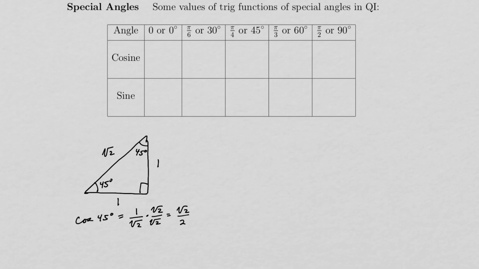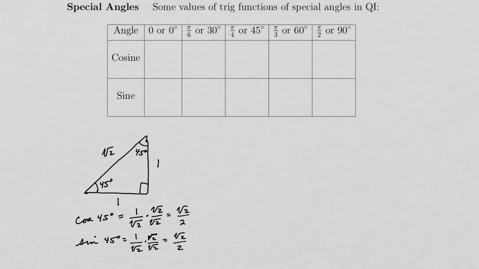And then sine of 45 is opposite, which is also 1, divided by hypotenuse. And again, if I get rid of the radical from the denominator, I'm going to get radical 2 over 2. Okay, so that's one special angle that you should know. 45 degrees, you should know what the cosine and sine are.